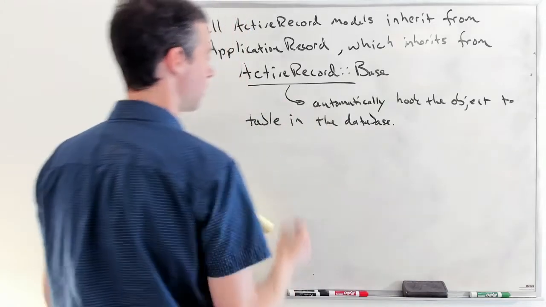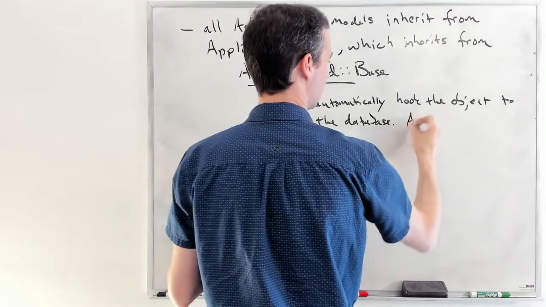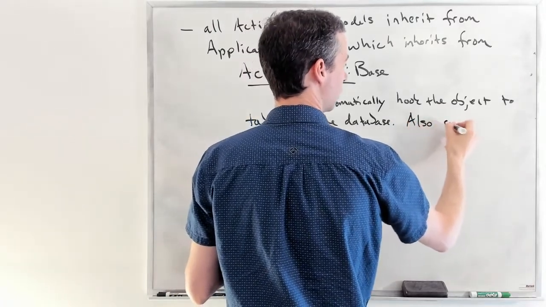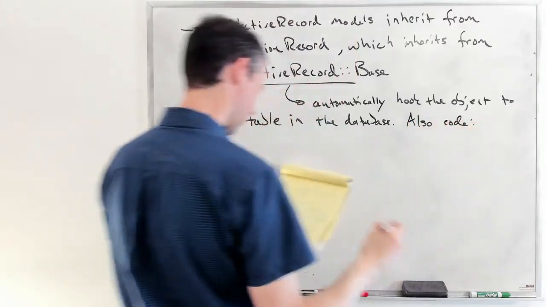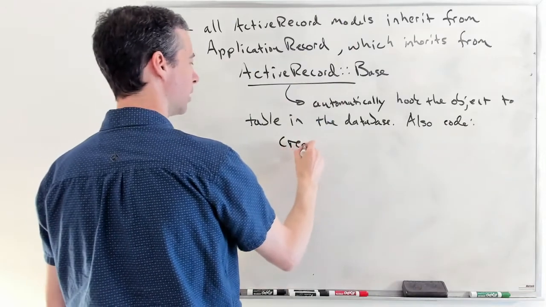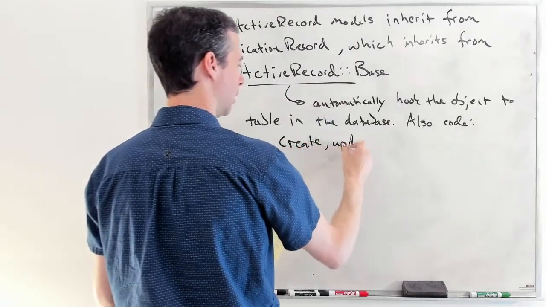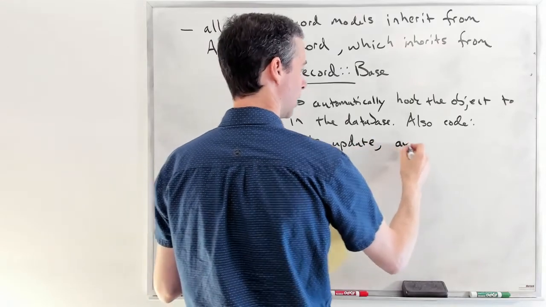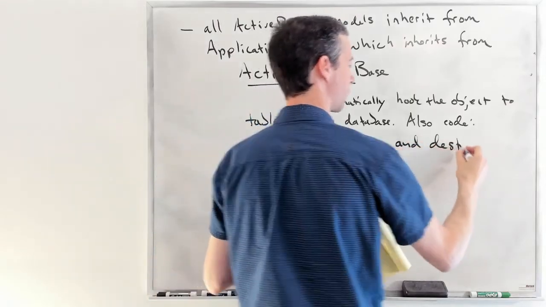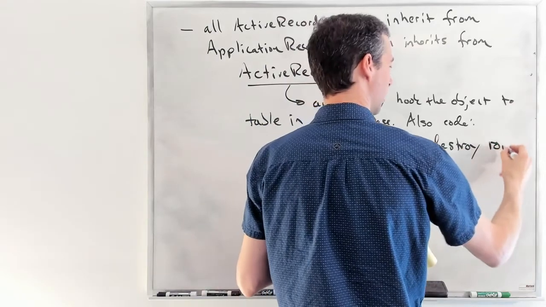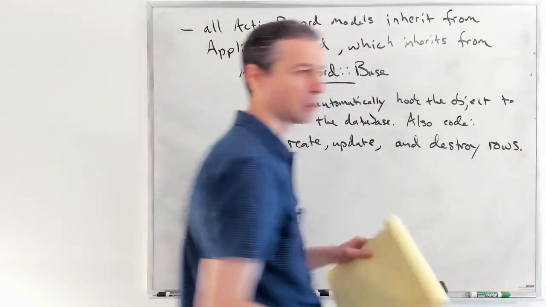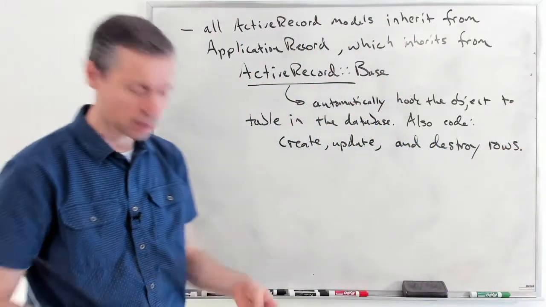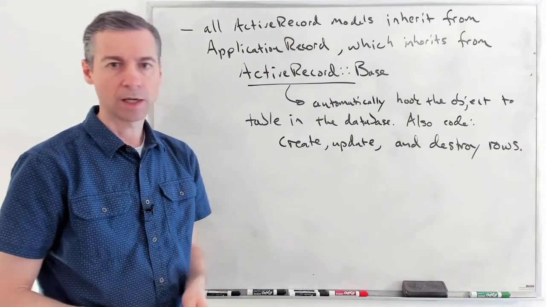So besides that, there's also code, methods for basically letting us create, update, and destroy rows. Now I know we talk about delete a lot in computer science and delete in SQL.